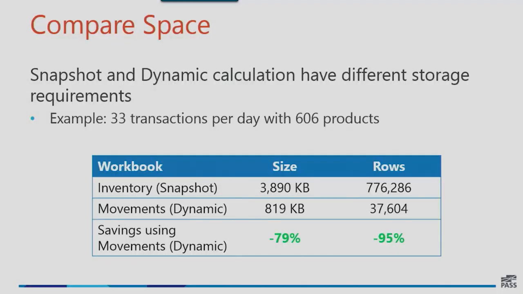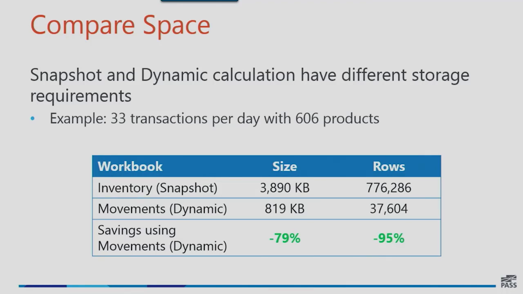Fundamentally, we have to compare the space. And usually, you make some tests. You analyze the volume of the table in terms of not just rows, but also size in memory, because the compression that you can obtain is also important. In the case that I showed you before, we had 600 products and an average of 33 transactions per day.